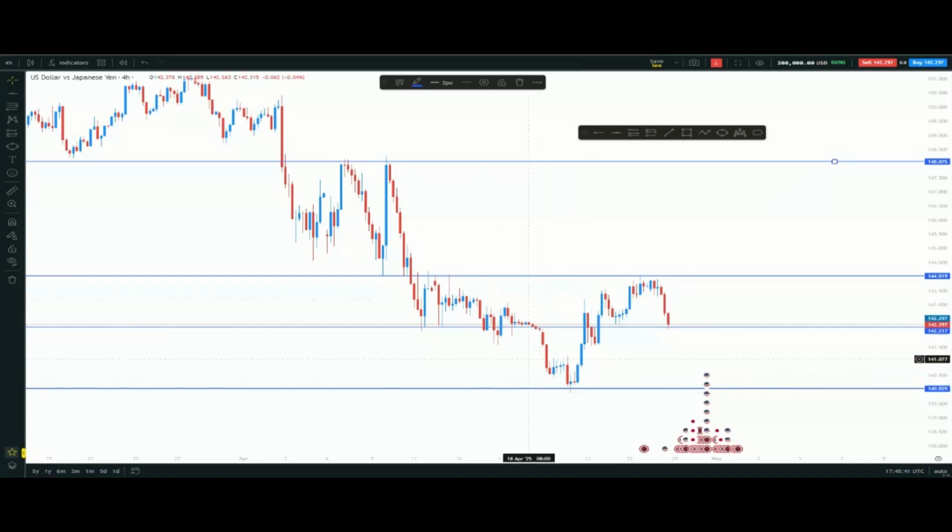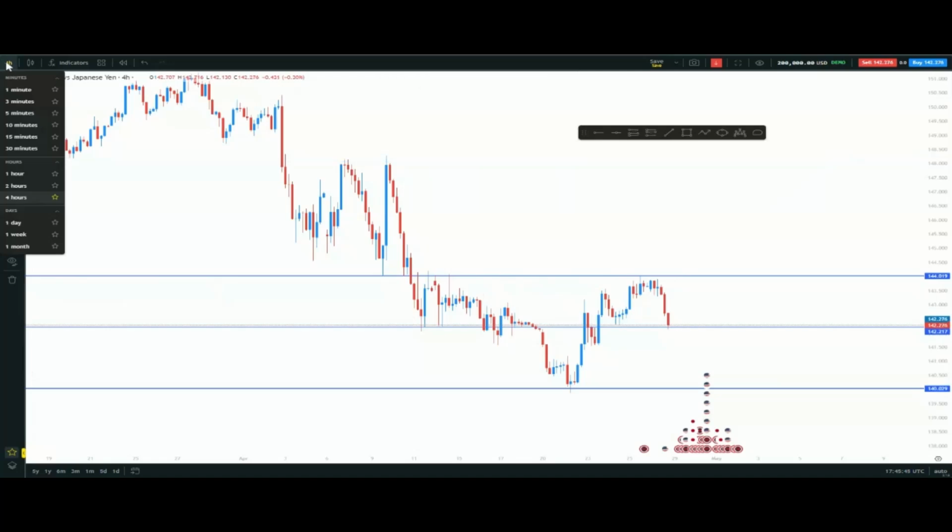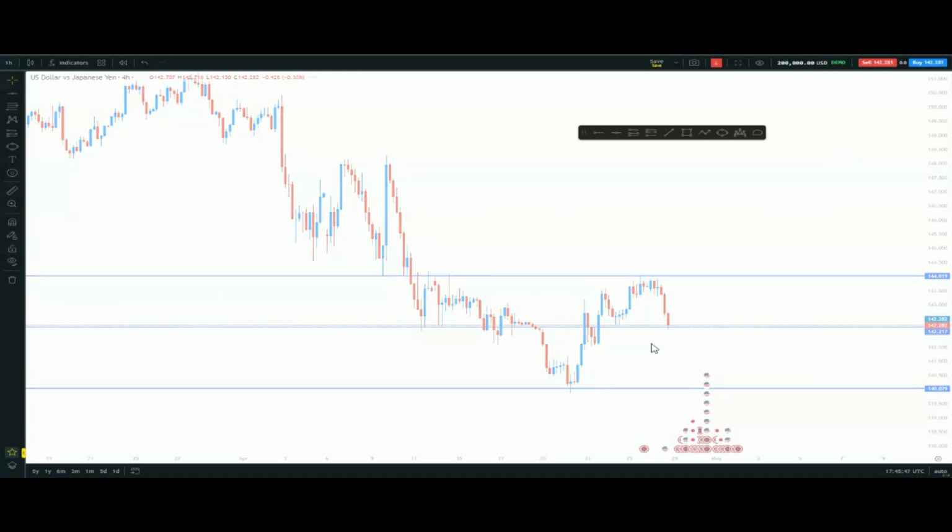But this is not the trade that I'm going to be talking about right now. Let's quickly dive into the 1-hour time frame for you to see this trade without wasting more time.